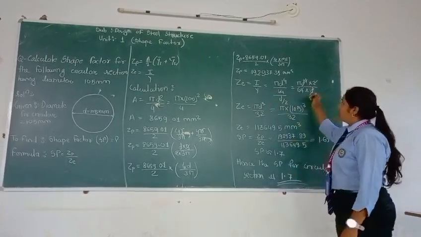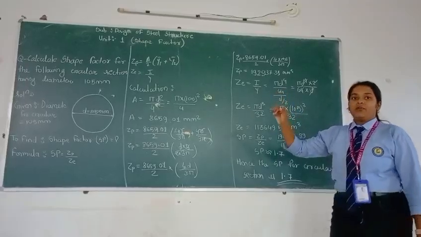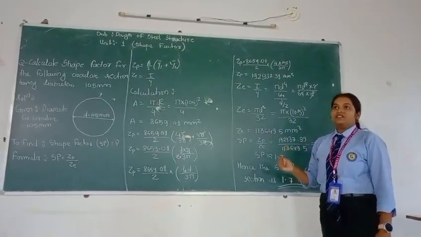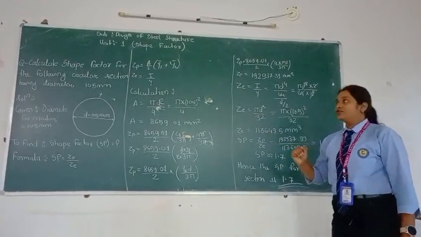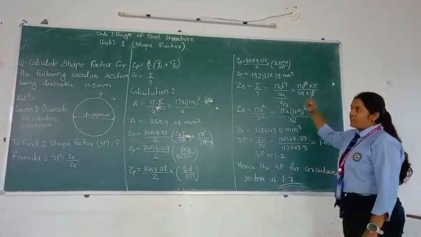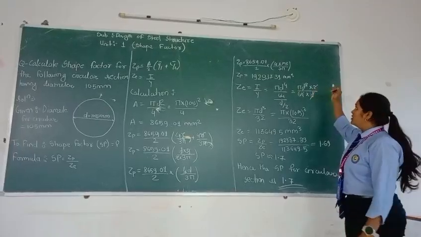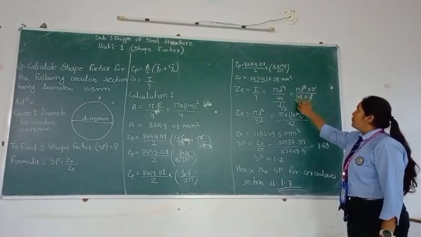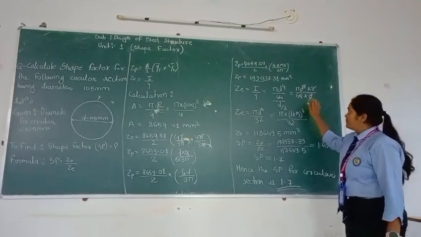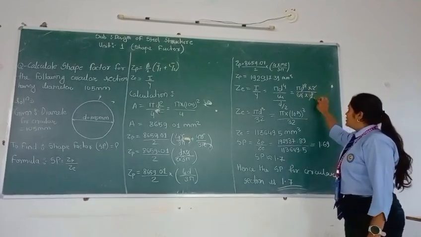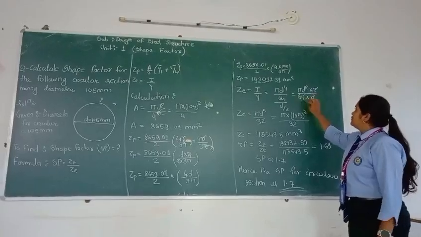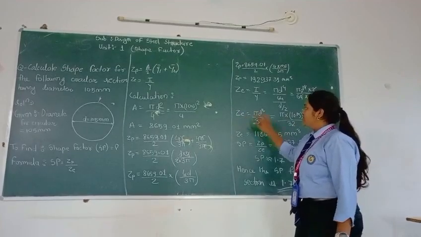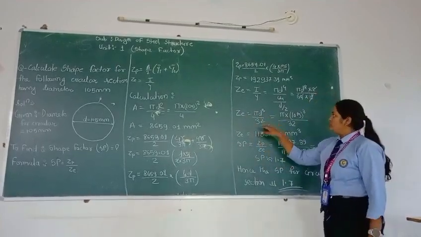Then applying the formula (a upon b) upon (c upon d) becomes a into d upon b into c, the simplification is pi d to the power 4 into 2 upon 64 into d. Then d to the power 4 and d will be cancelled and 64 upon 2 will be cancelled, and the remaining value is Z equal to pi d cube upon 32.